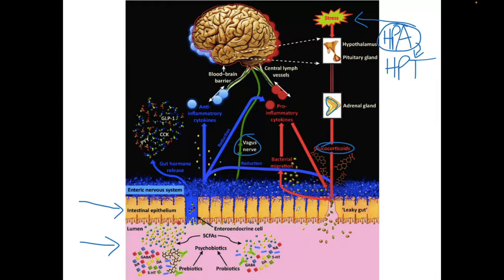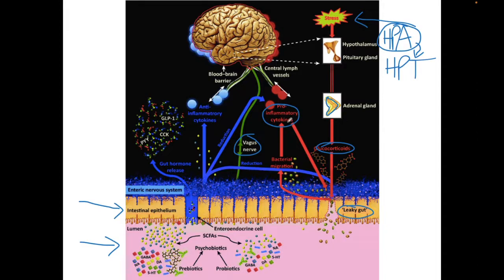It creates damage to the epithelial lining, creating what's called a leaky gut, also known as intestinal permeability. And this allows bacteria to ride up that vagal nerve, and many of the bacteria migration is pro-inflammatory.